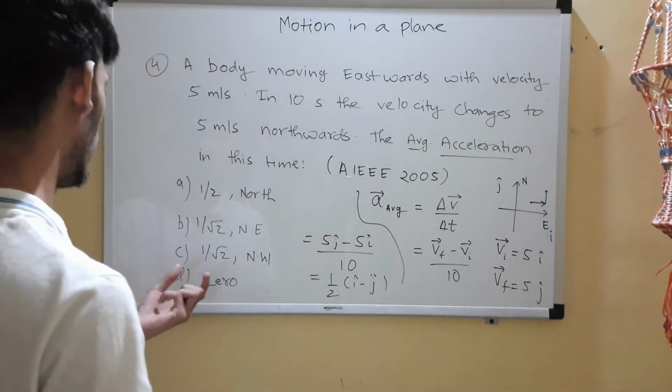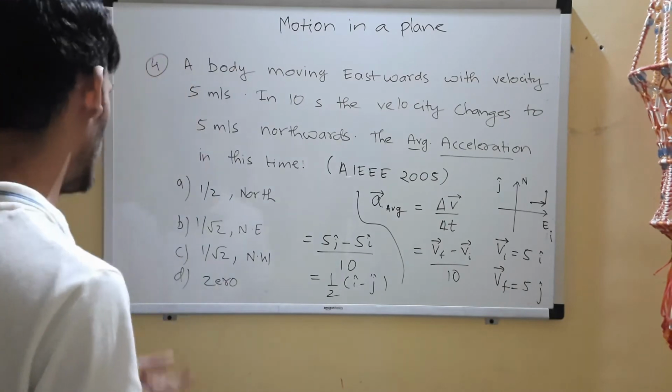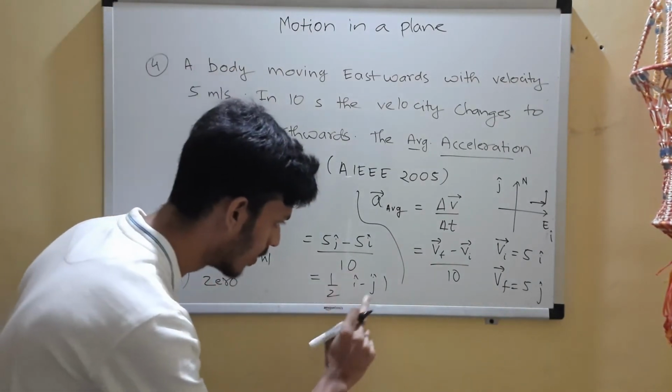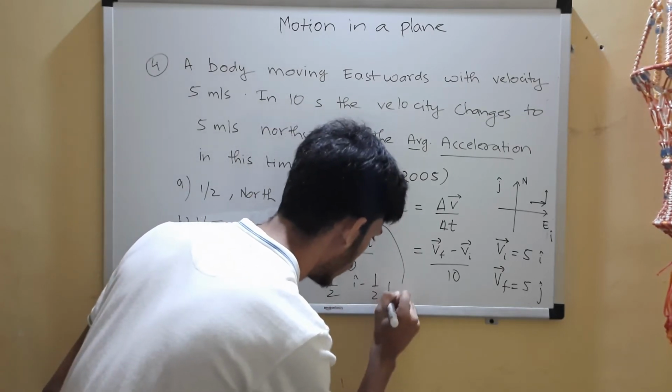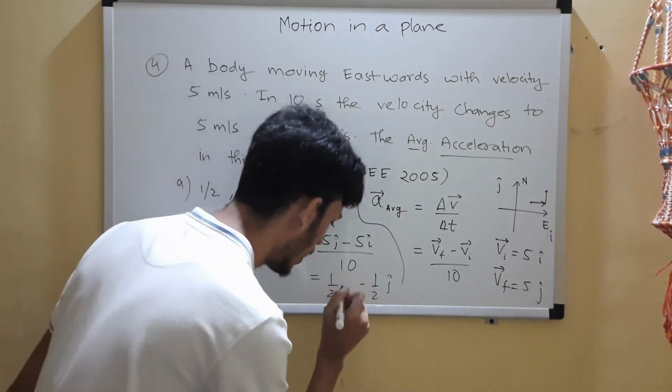Now we want the magnitude of acceleration and also its direction. Magnitude we can easily find from here. Instead of writing it like this, I'll write it as this. Now we can easily find the magnitude.